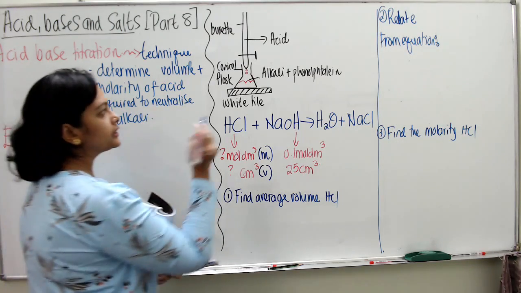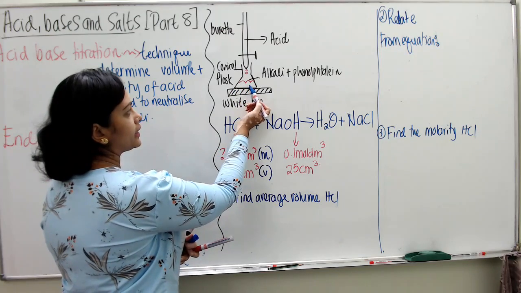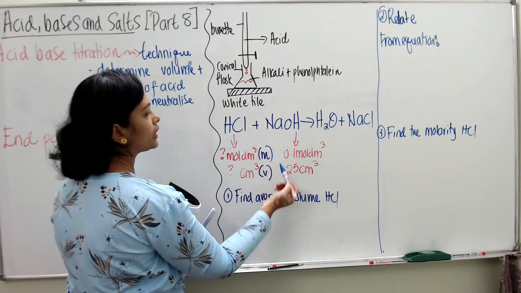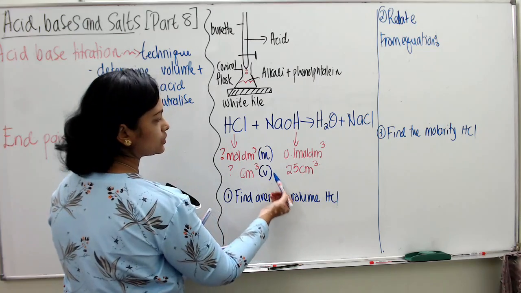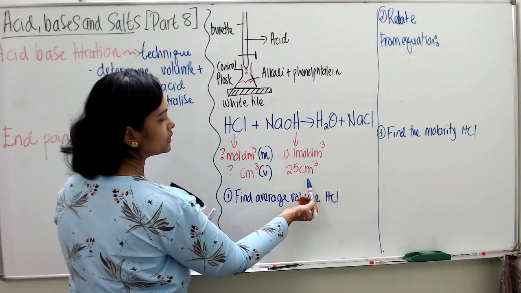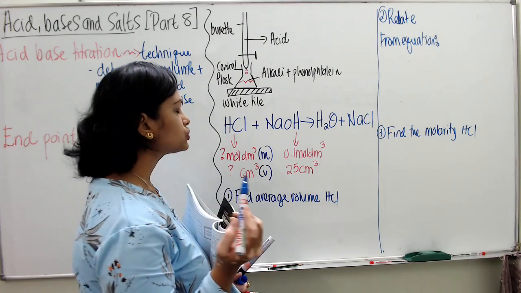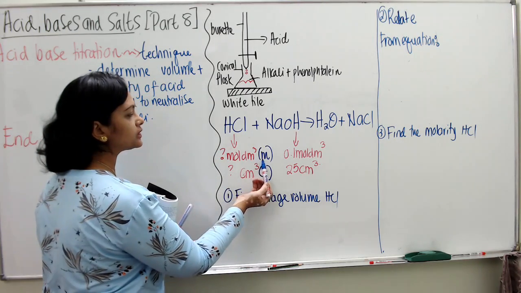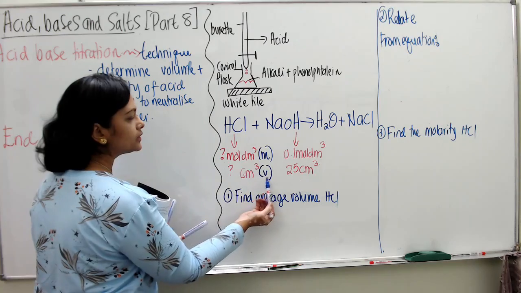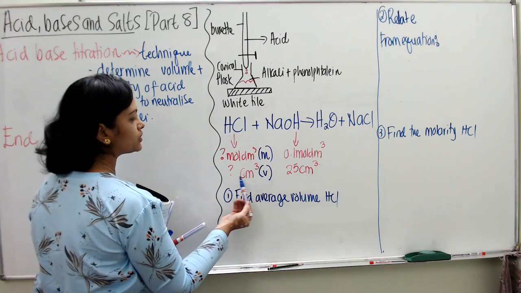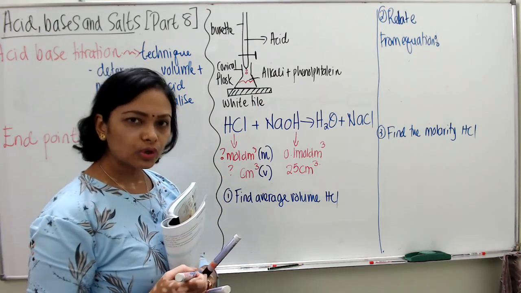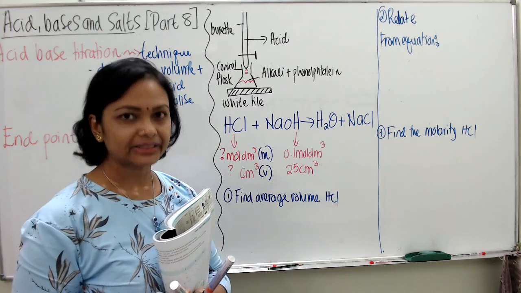Meaning here the alkali, if you look back at the diagram, we already know the molarity, the concentration and also the volume being used. Now the titration method will help us to determine the molarity. The titration method will help us to determine the volume of the acid needed.